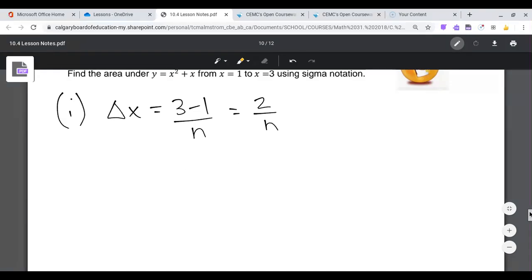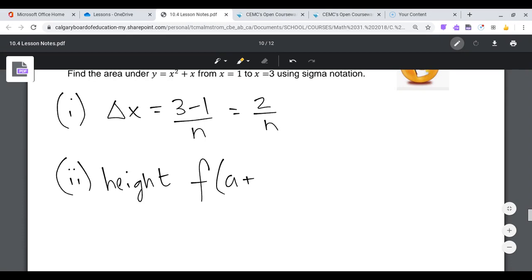And then I'm going to figure out my height piece, which is your f of a plus i change in x, just change in x, sorry. No division. I don't know what I was thinking. All right, so a is 1.